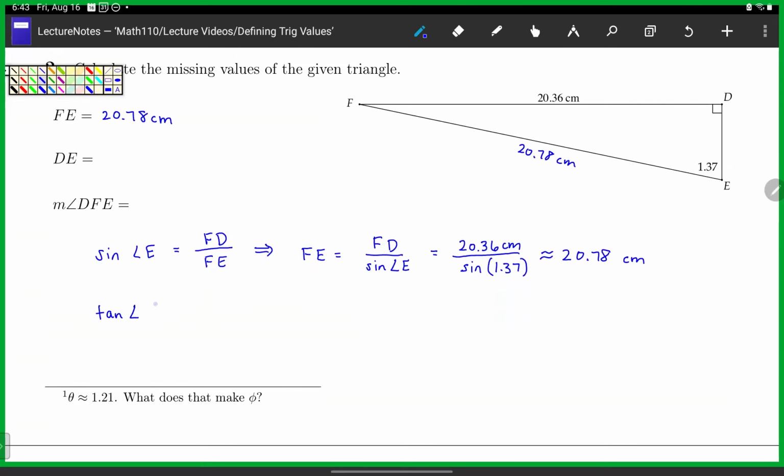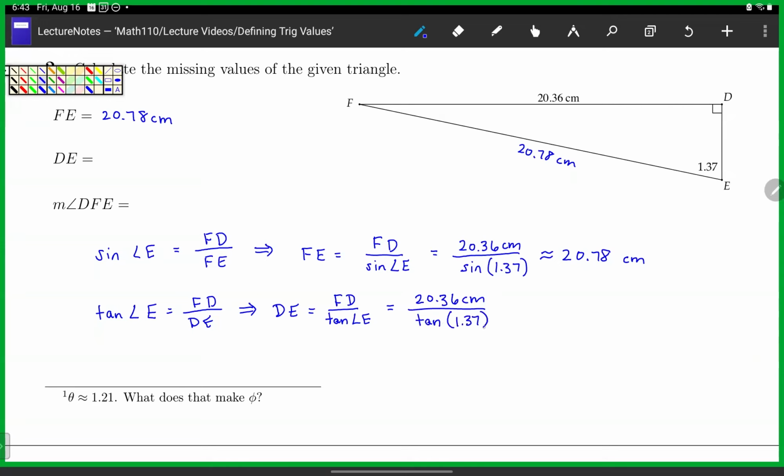Tangent of angle E is FD divided by DE, which tells me if I want to solve for DE, that is FD divided by tangent of angle E, which is 20.36 centimeters divided by tangent of this angle, 1.37.